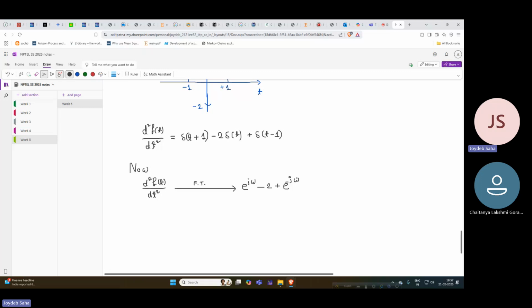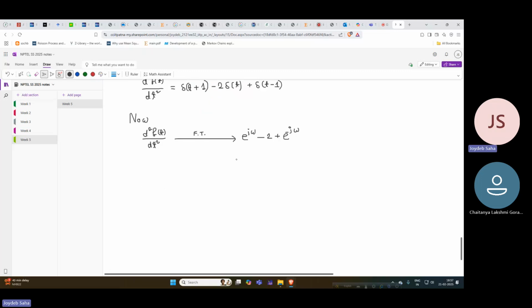Now we will simplify it. Can we write it like this?